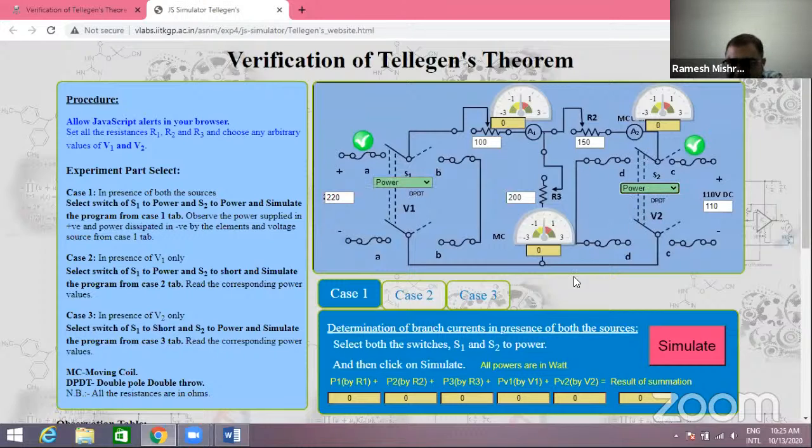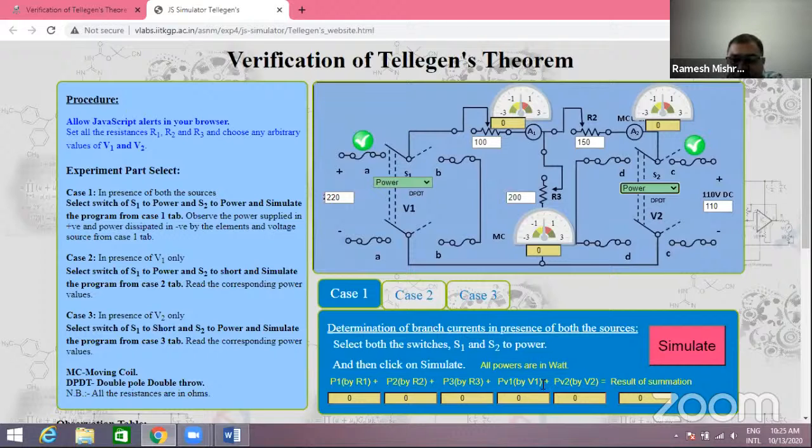Then when we simulate this, the power of the first resistance should be calculated here, the power of the second resistance is also calculated here, the power of the third resistance is also there, the power of the first voltage source V1 is also here, V2 is also here, meaning the source power is also here.